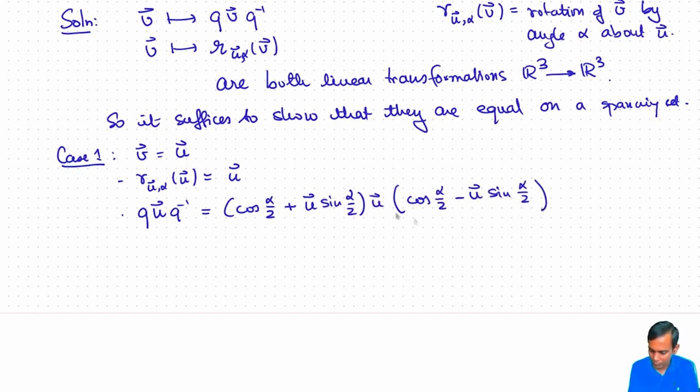This last term is coming from the inversion formula, and then using distributivity we get cos alpha by 2 u times cos alpha by 2 plus u times u, but the real part will be the dot product of u with itself, but negative, so that's minus 1 times sine alpha by 2.